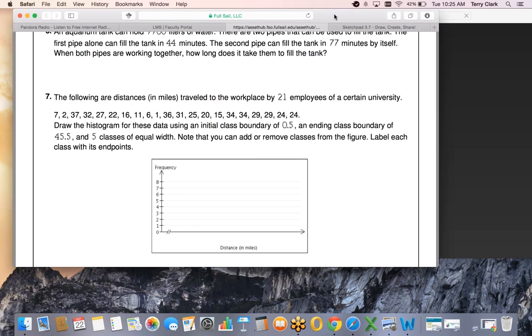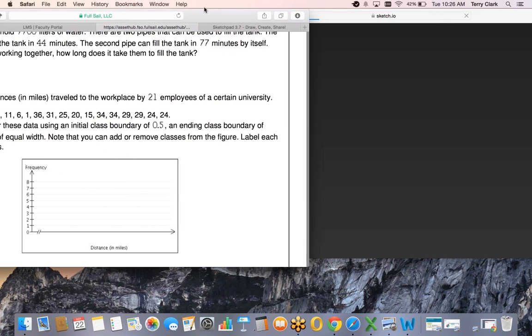Okay, so it's got 21 employees, all listed. It wants us to draw a histogram for these data using an initial class boundary of 0.5 and an ending class boundary of 45.5 and 5 classes of equal width.